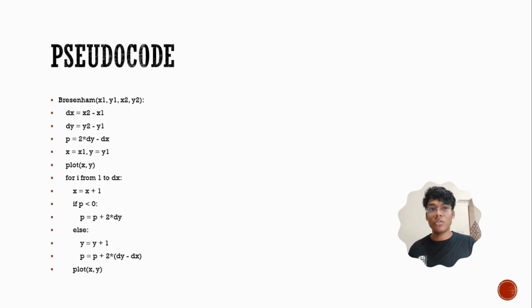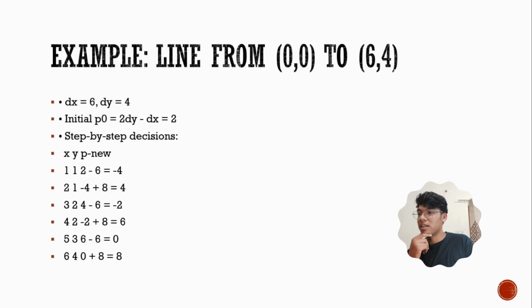I forgot to mention a screenshot of my VS Code, but it works very well. As I said, there's one example of a line from 0,0 to 6,4.